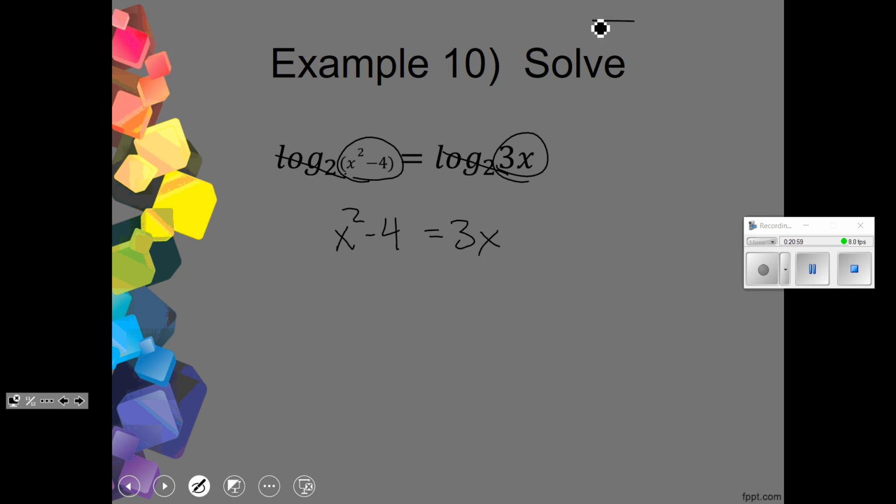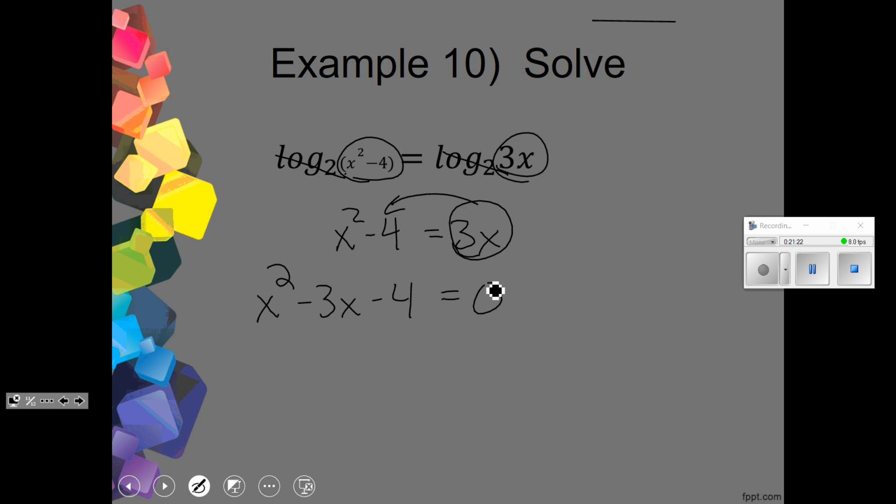So then how do I solve that? What kind of equation is that? It's a quadratic. How do you solve quadratics? You set it equal to 0, so I'm going to move him over, and I'm going to put my 3x in the middle. You can factor it.